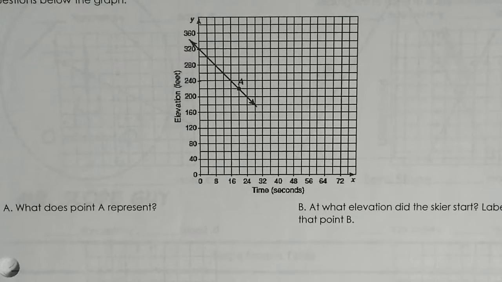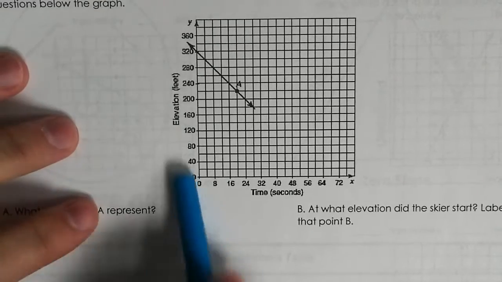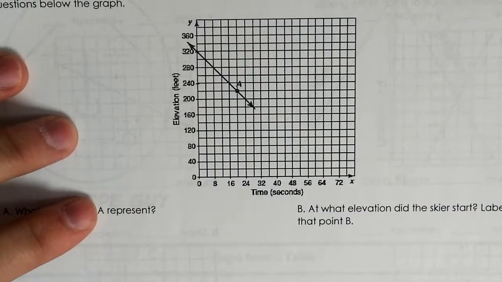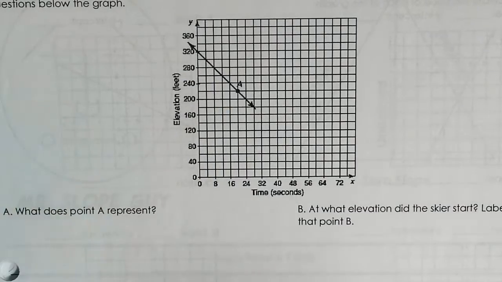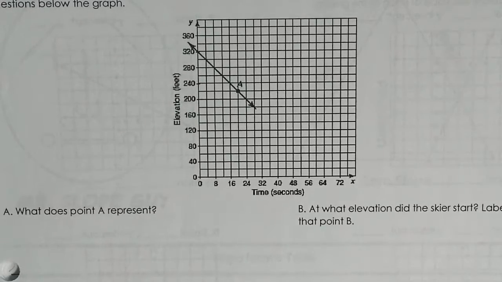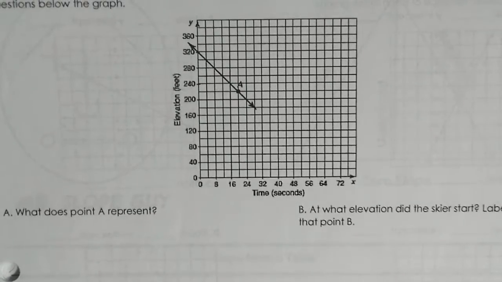So in this case, to ski, you have to be at a high elevation, and you're going to go downwards. So just off the bat, what kind of slope is that? Positive, negative, or no slope? Negative, perfect. I don't think anybody can ski going up. That'd be kind of tough.